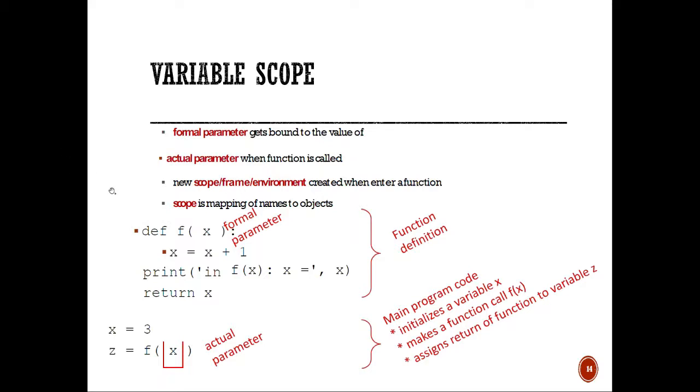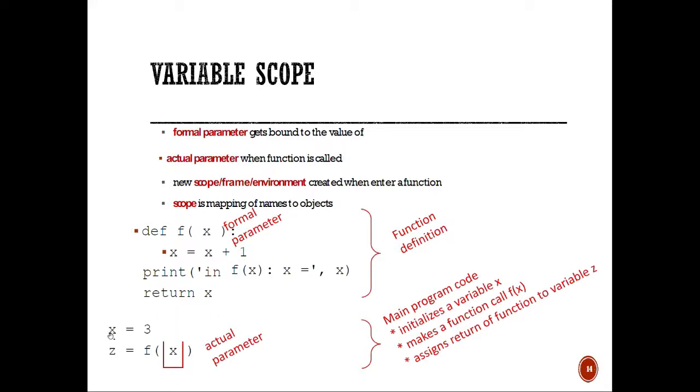So here, for example, we are defining a function f that takes an input x, and then we have a set of expressions, and then we print in f of x, x is equal to such, and then we return x. So this is the function definition, and then this is the main program code.